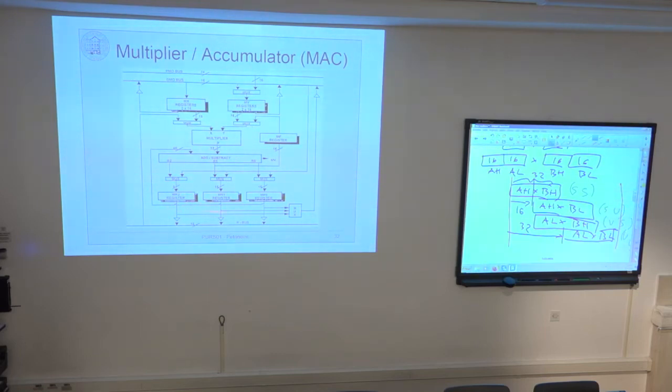So the 40-bit value is fed back to the adder subtractor. This here can be either added or subtracted from the current value of the accumulator. These three muxes are used to initialize the value from the memory.